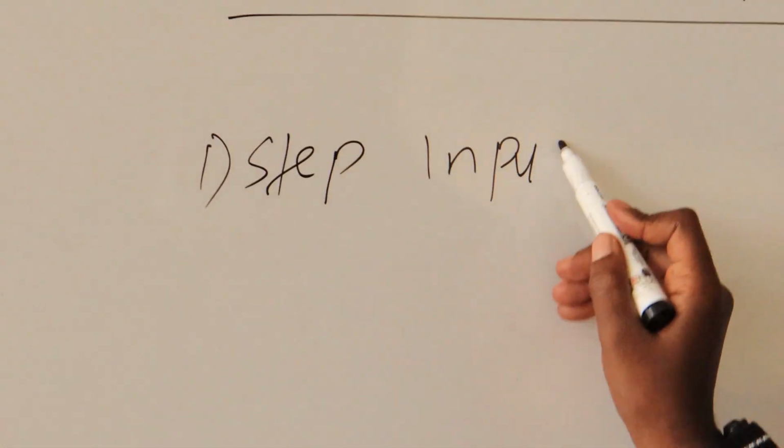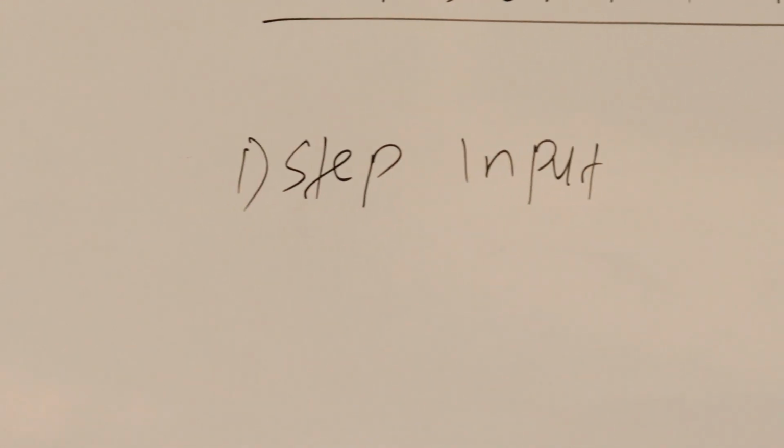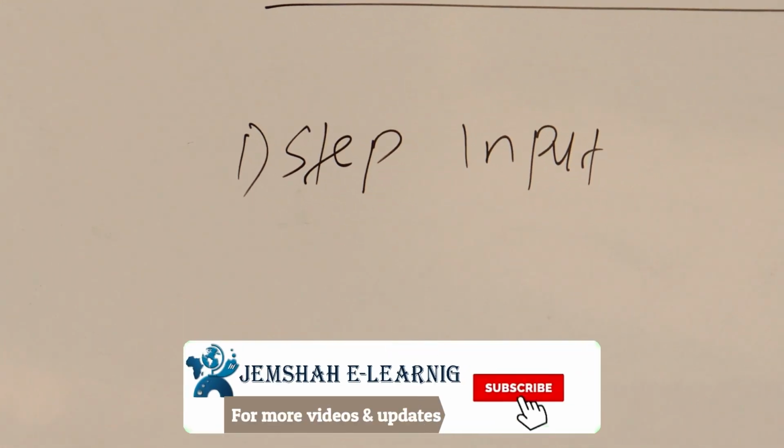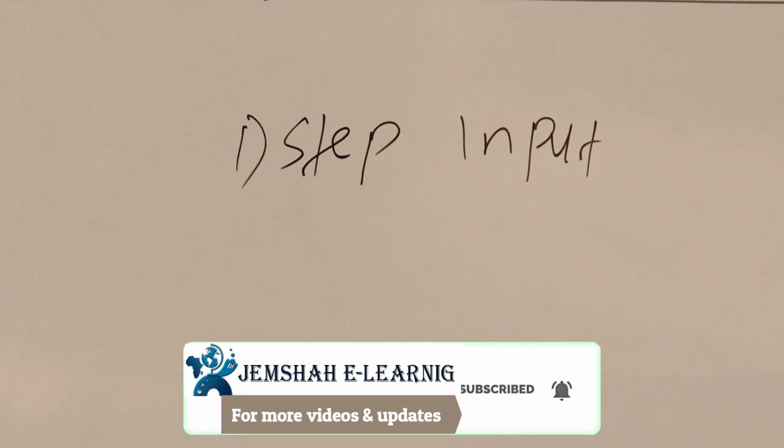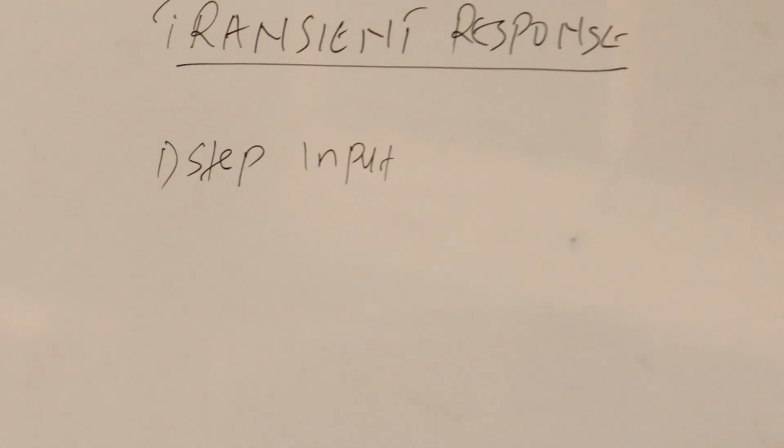The step input. When you talk about the step input, we are simply talking about a sudden change in a physical quantity, and this one usually occurs ideally in 0 time.